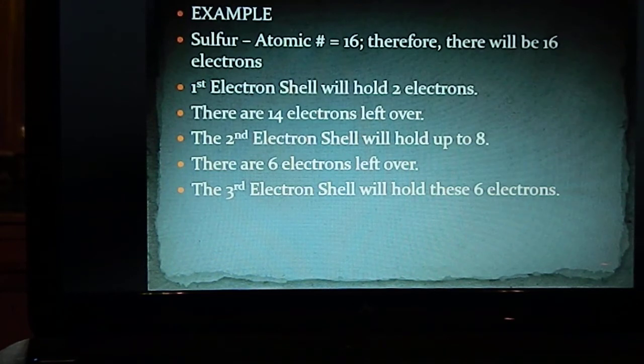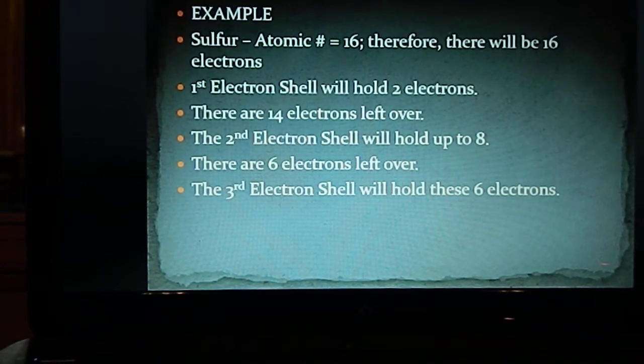So let's look at carbon, right? We already said that its atomic number is 6. If it has 2 electrons that go into the first electron shell, then what's left will be in the second electron shell, and that will be 4, right? And so I'll give you atomic number, you tell me how many outer shell electrons.